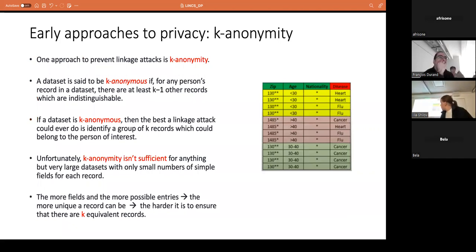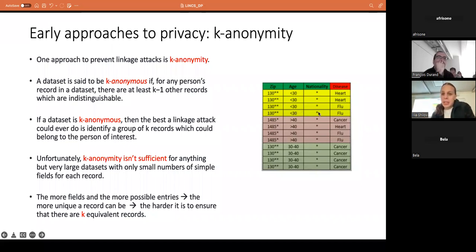A little bit more developed approach would be k-anonymity, which basically means that in the data there should be at least k-1 additional, at least k records of the same type. For example, here, what I mean by the same type, okay, maybe, yeah, I forgot. I'm sitting just because of this.